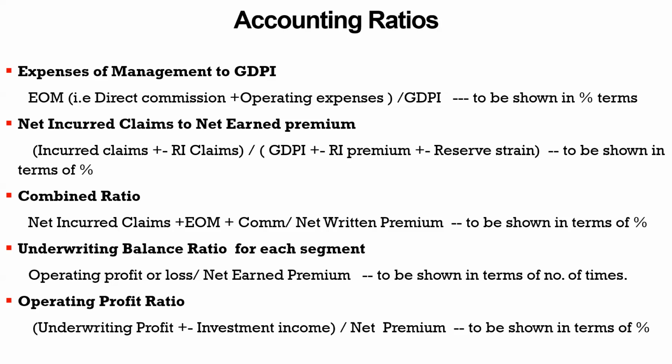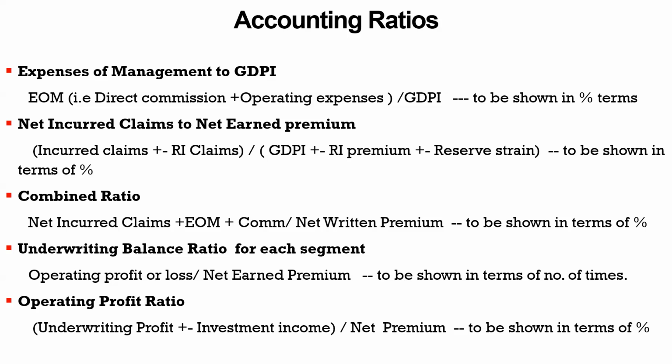Net incurred claim to net earned premium means incurred claim plus minus RA adjustment, divided by gross direct premium income plus minus RA adjustment plus minus URR. Means net incurred claim divided by net earned premium.